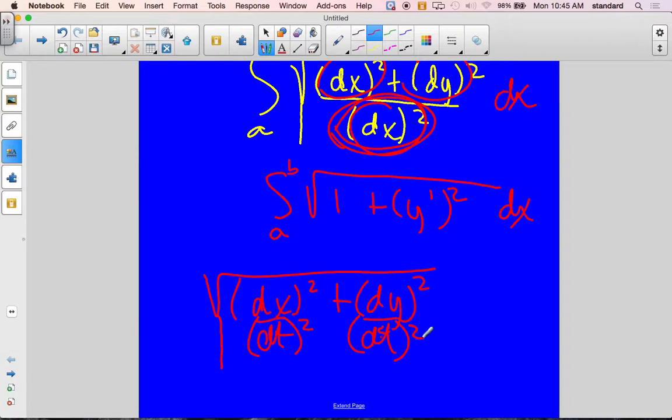So I'm going to divide it by dt squared, but in order to balance that out, I'm going to also multiply by dt. And so when I'm doing parametric form and I want to know the length of the curve, I can just leave them separate. I can take the derivative of x with respect to t squared.